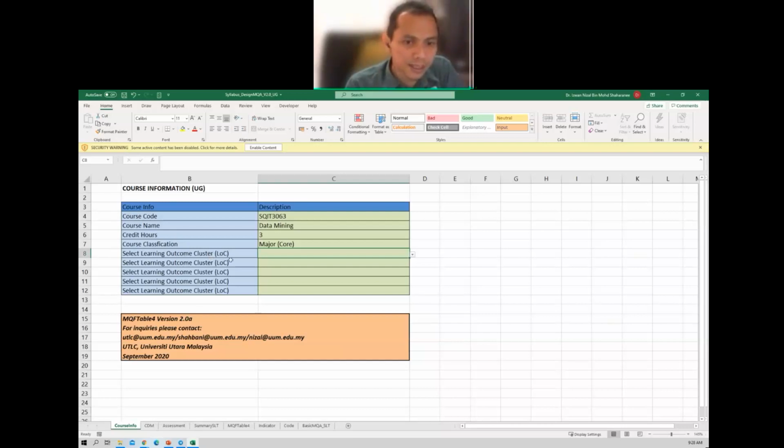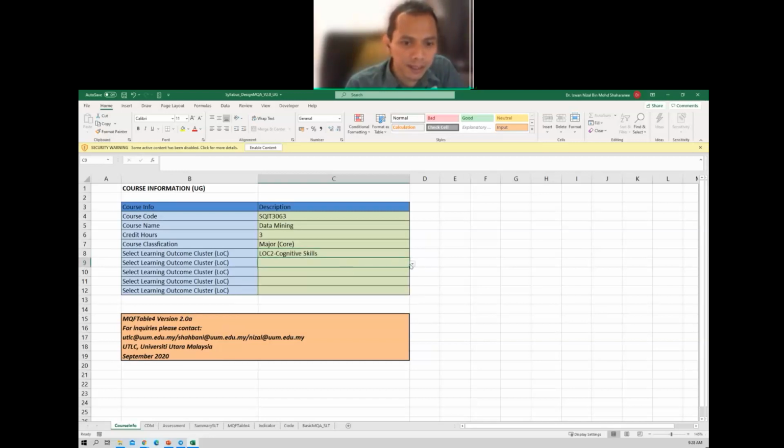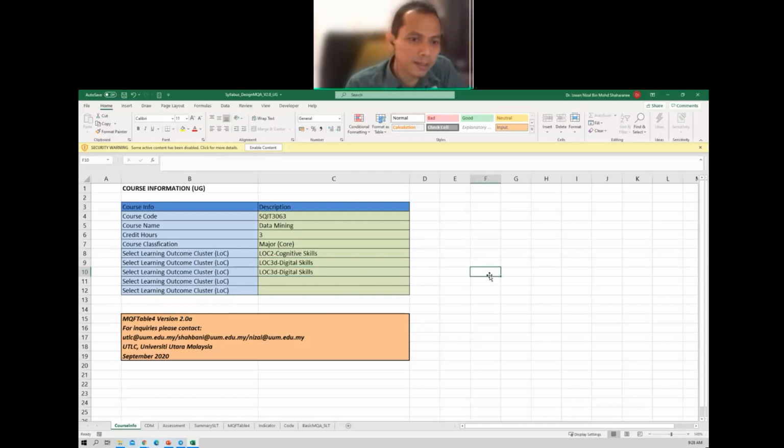Say, for example, this subject is mapped to connective, digital skill and also communication skill. Normally, one course is mapped to at least 3 or 4 learning outcome clusters.